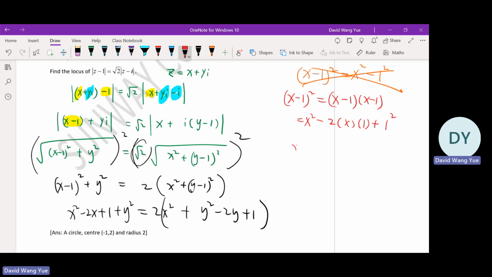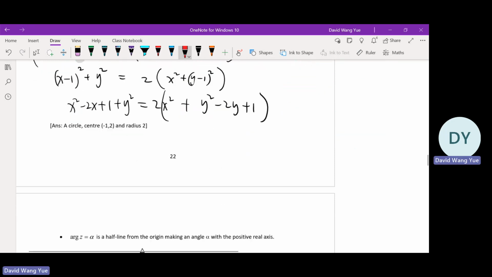And then the other one, x squared minus y squared, that is x minus 1 times x plus 1. Don't assume that if you square x minus 1, it's x squared minus 1 squared. It's not that simple. It should be this way. Now let's come back and continue.